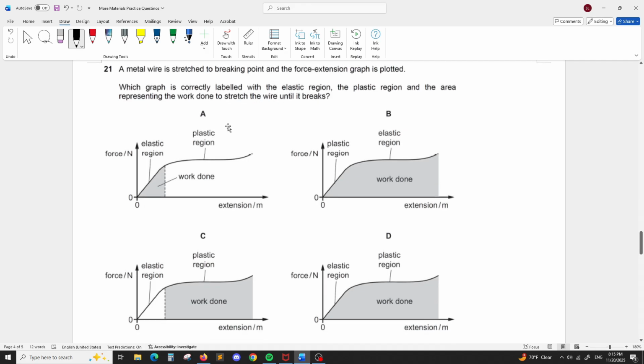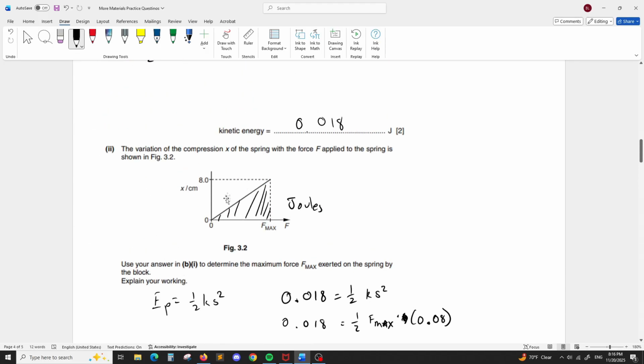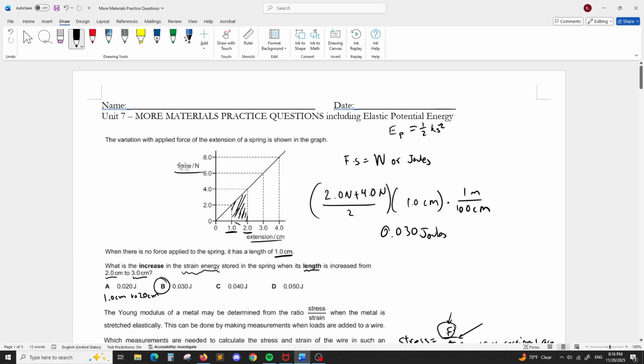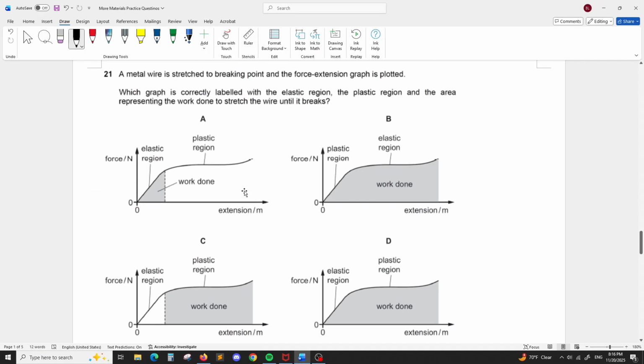So what I said before, like in this question here, the area under the curve of the force extension graph is actually going to be work done. So A and C can automatically be eliminated because, well, look at this.